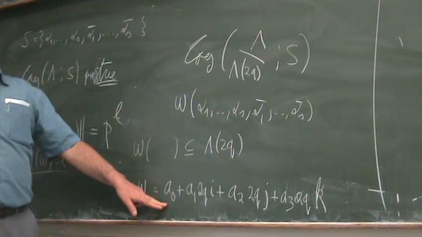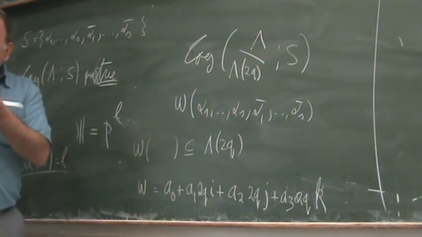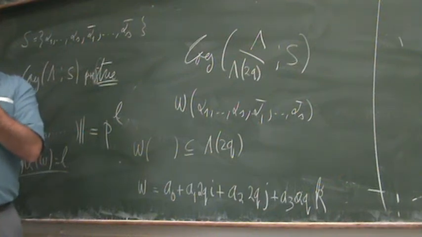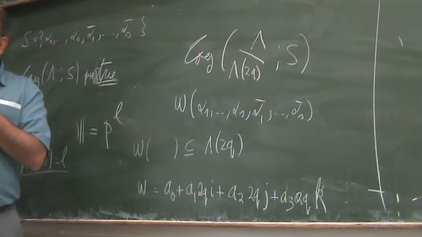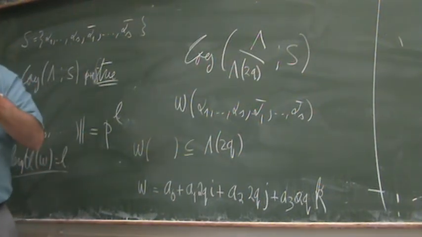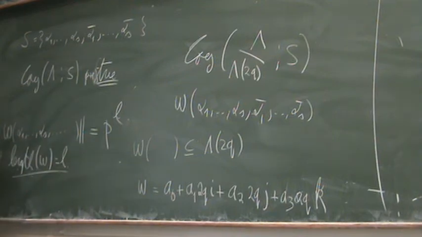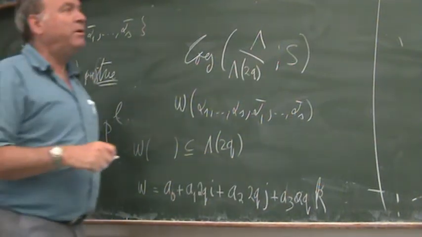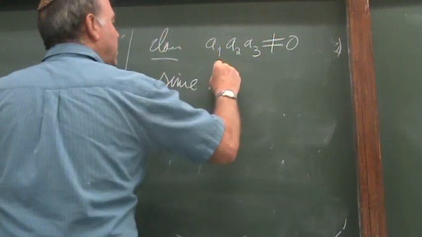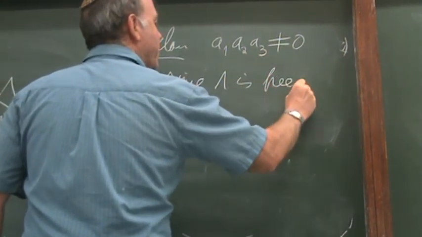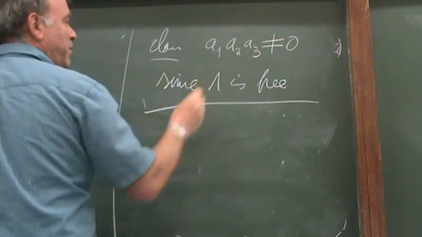But we know that's not the case, because this is a free group. There is no non-reduced word in the generators which comes back to the identity in the group Lambda. They can come back to the identity only mod q, but not really to the identity. So at least one of them is non-zero.